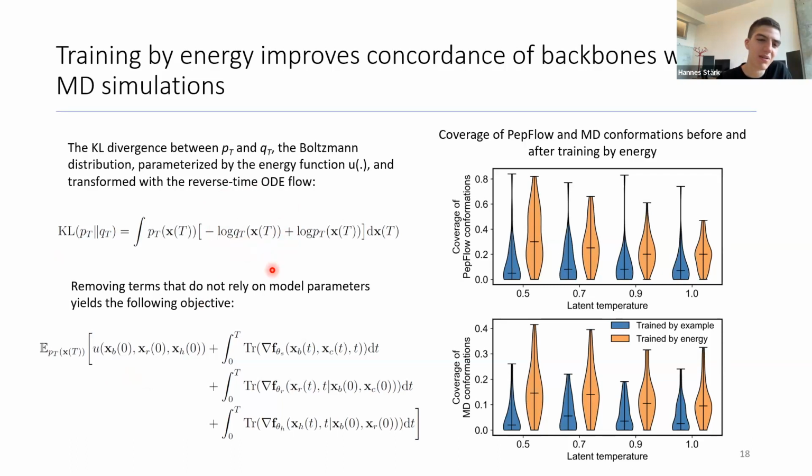Then we want our model to produce the same probability as this, so we take the difference between those two, and we want that difference to be 0.